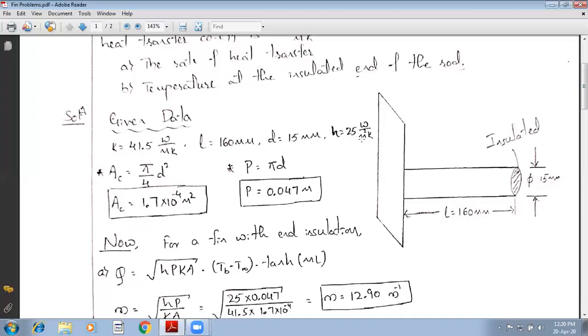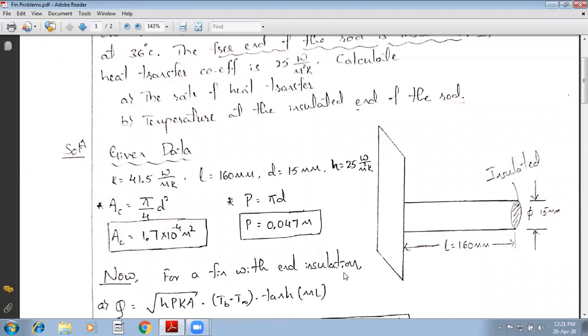Now, if you open the heat transfer data handbook, in that, if you go by the expressions for the fins, for fin with end insulation, you have the heat transfer equation as root of hPkA into (T_B minus T infinity) into tanh(mL).